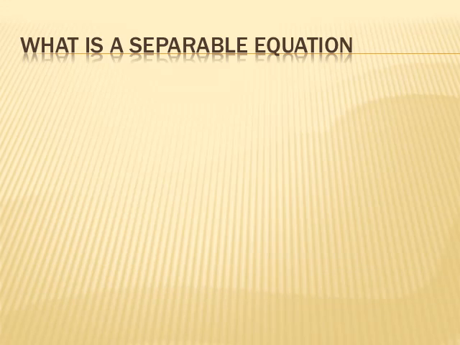Well, what is a separable equation? Most differential equations start with this type of differential equation, and they are equal to some function that contains both the independent and dependent variables.